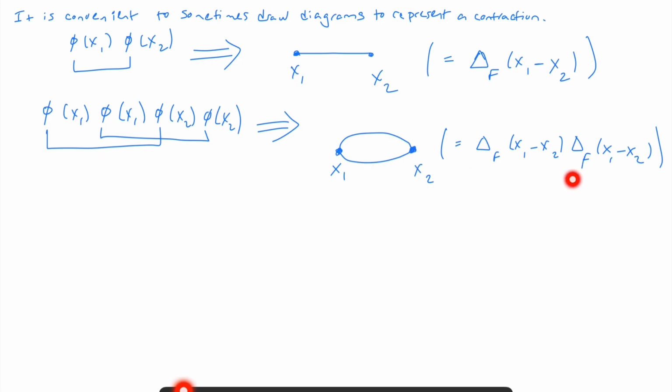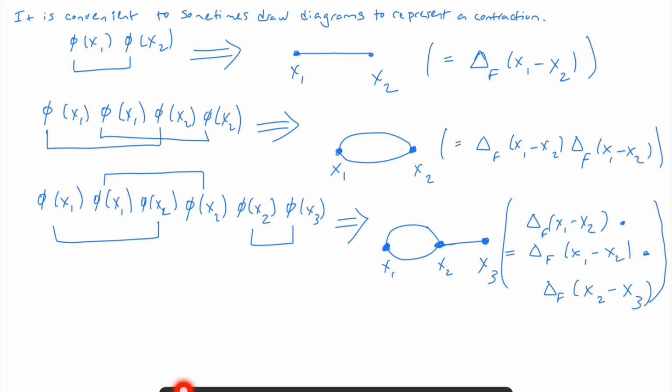That's just this expression by definition, where I take the first contraction and multiply it by this. This ultimately is a number, and this ultimately is a number, so it's a number multiplied by a number, since the initial expression is just everything multiplied together. So that's what this diagram represents: the scalar Feynman propagator from x1 to x2 multiplied by the scalar Feynman propagator from x1 to x2.